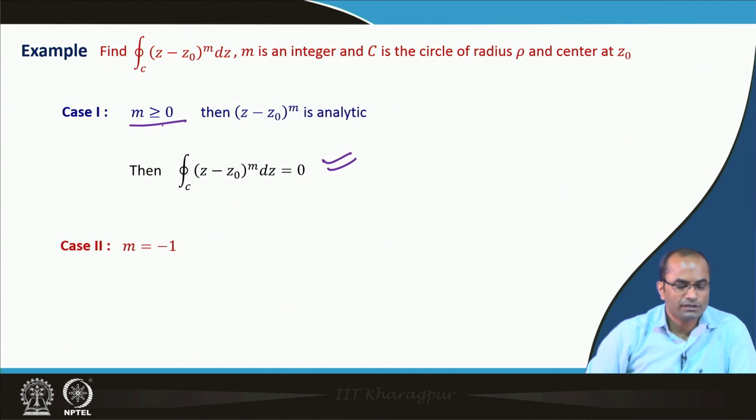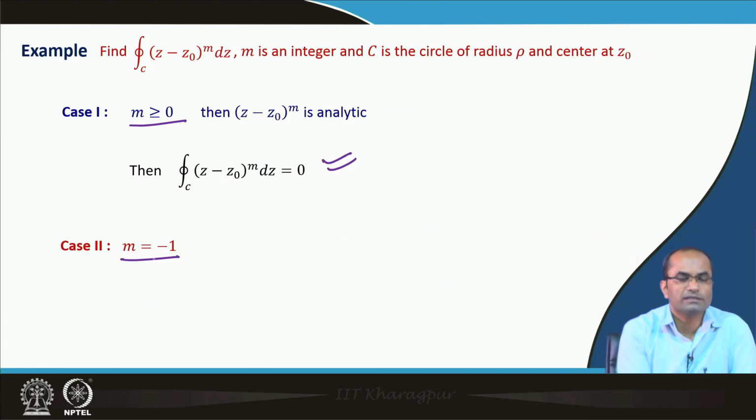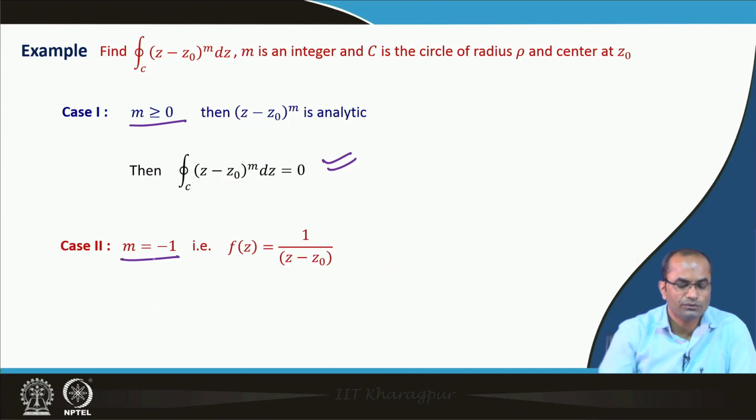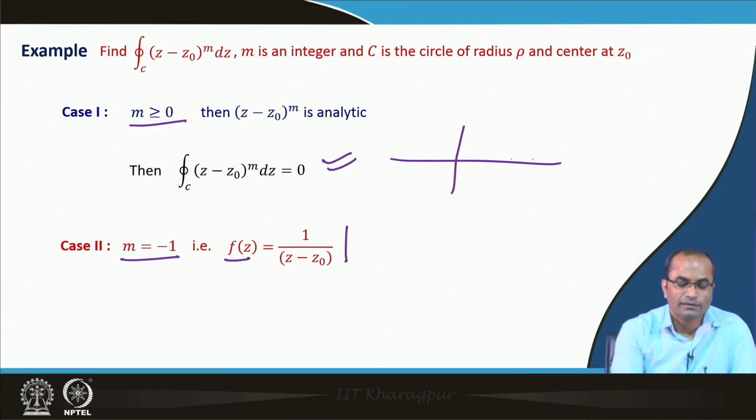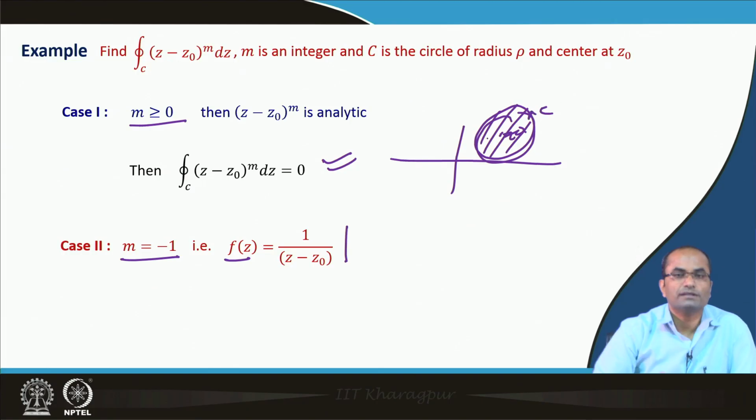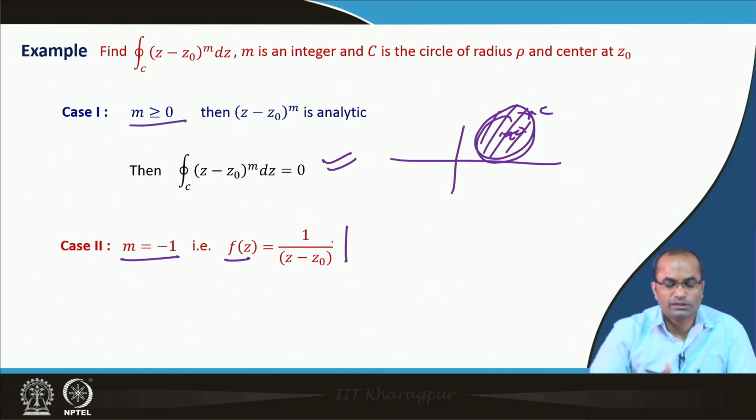The second case we will consider is when m is equal to minus 1. In this case our function is 1 over (z minus z0). This is not analytic in the domain which contains the point z0 and the curve C, because at z equal to z0 the function is not defined.